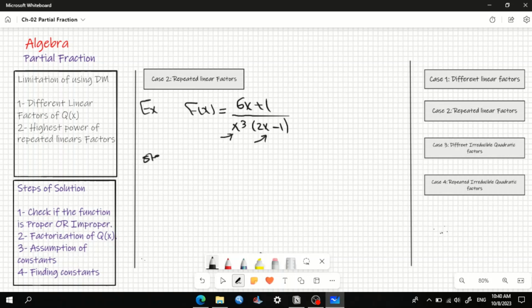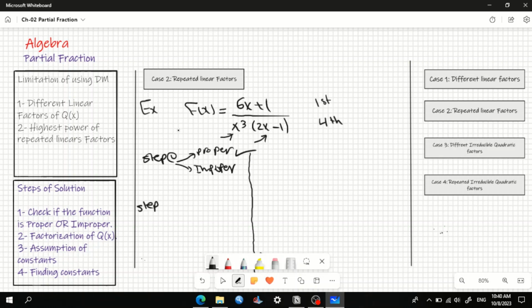So step 1: proper or improper. We have here first degree and here fourth, so we have a proper function.